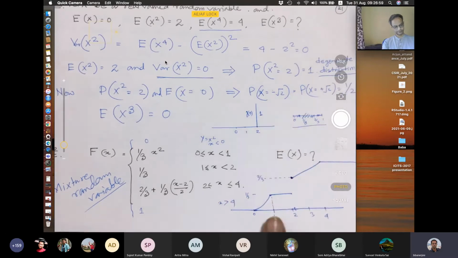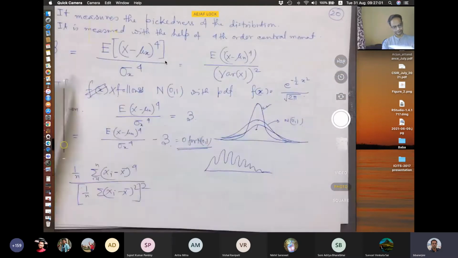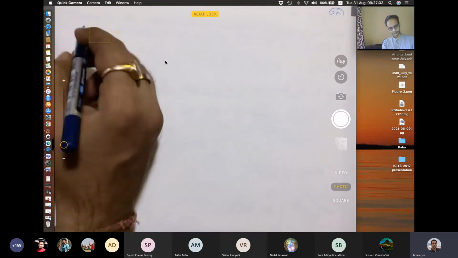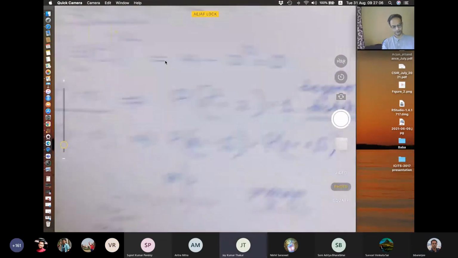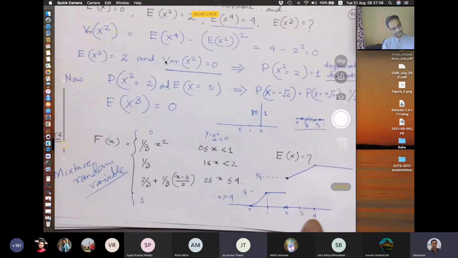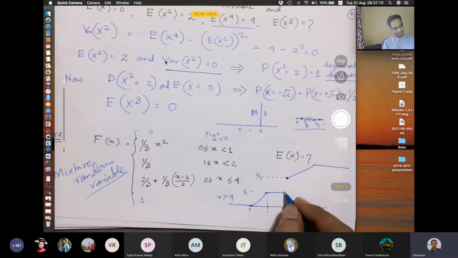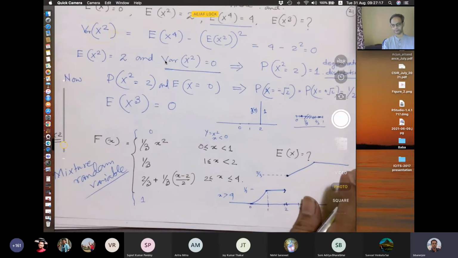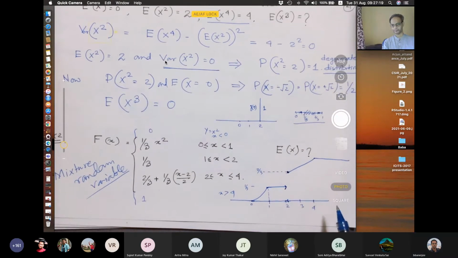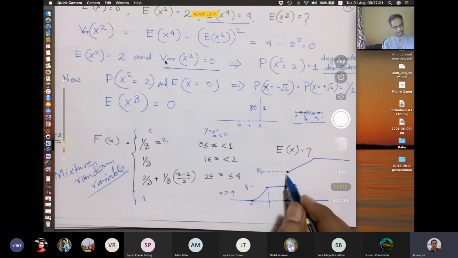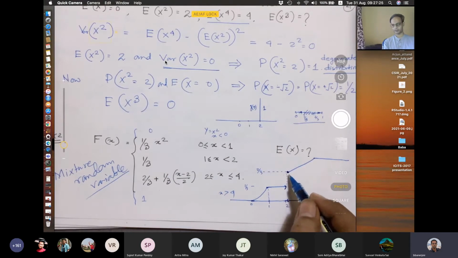Sir, how did you calculate the probability at 2? Yes, you see, below 2 it is 1/3. At 2 it is 2/3. Here is the jump. How much is the jump? 1/3 to 2/3. Is it okay?